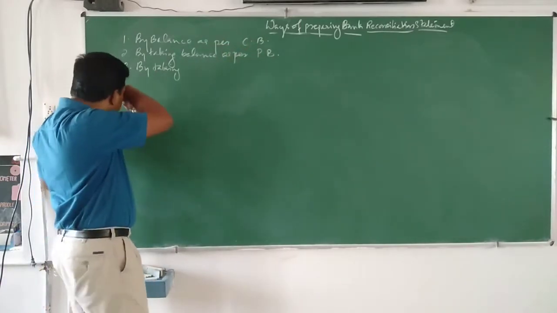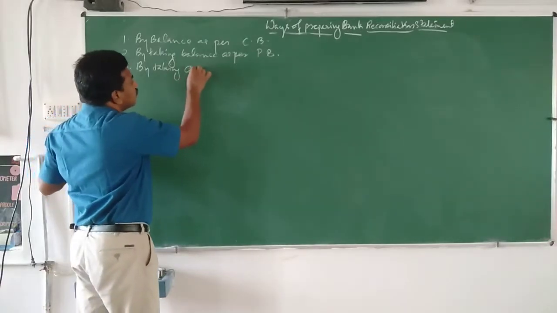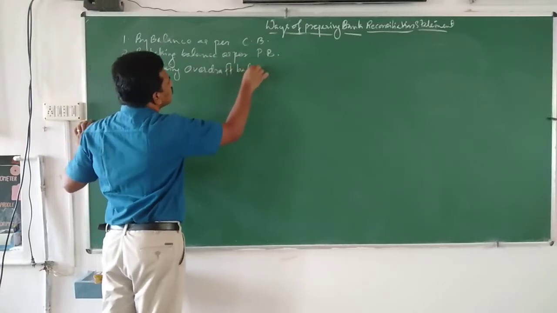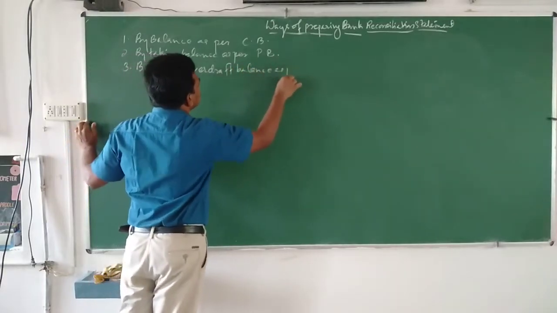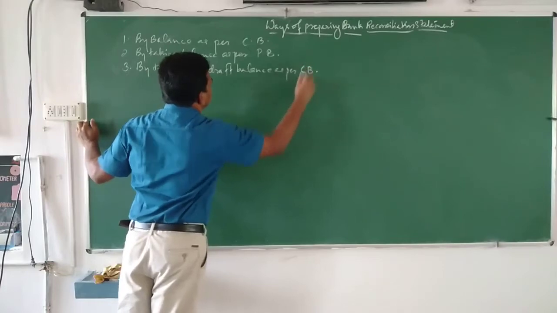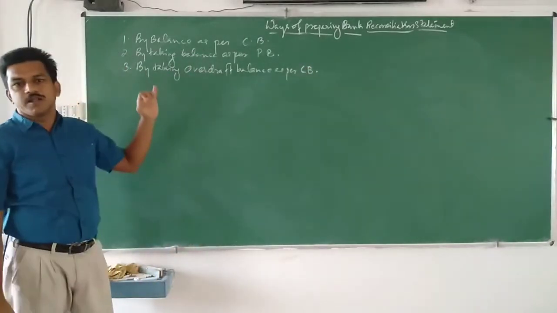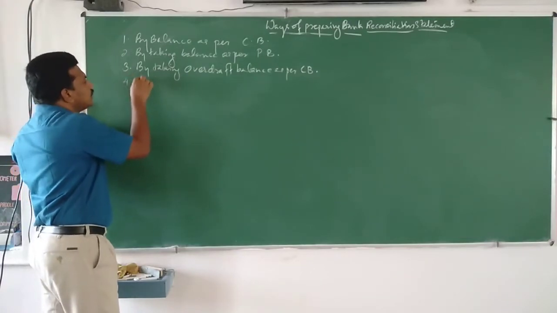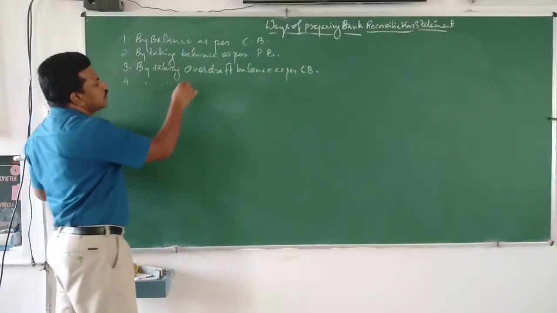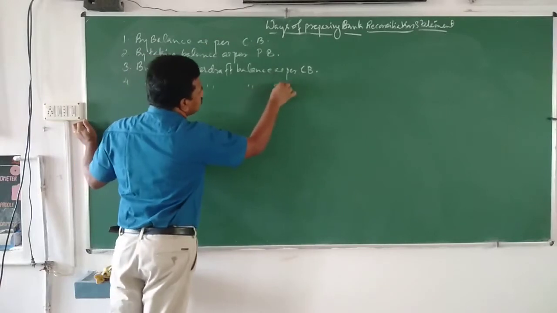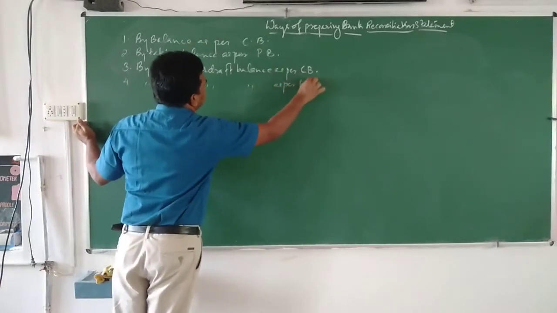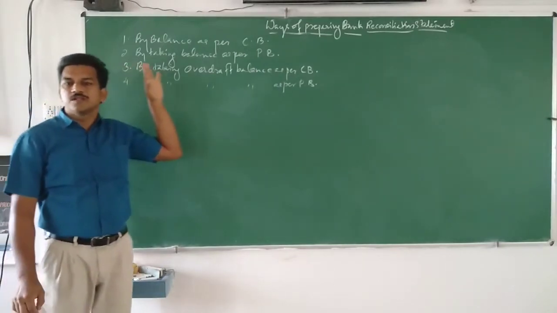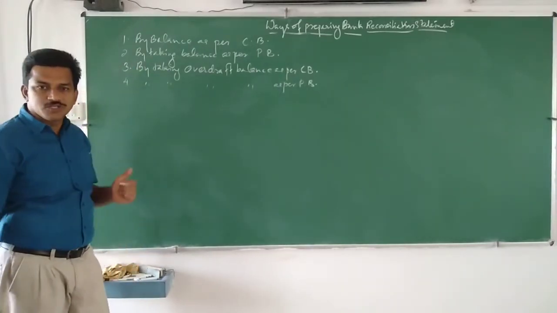So here by taking overdraft balance as per cash book, if it was an overdraft balance, that also we can prepare. And next one, by taking overdraft balance as per passbook. Okay. So these are the four different ways of preparing bank reconciliation statement.